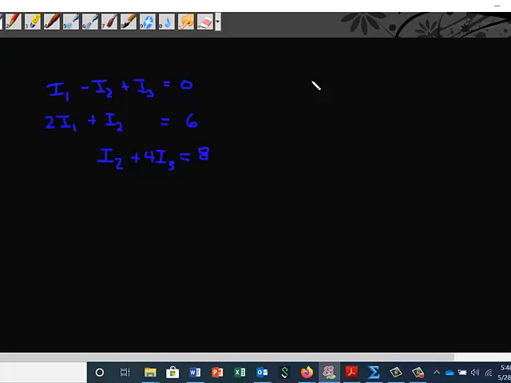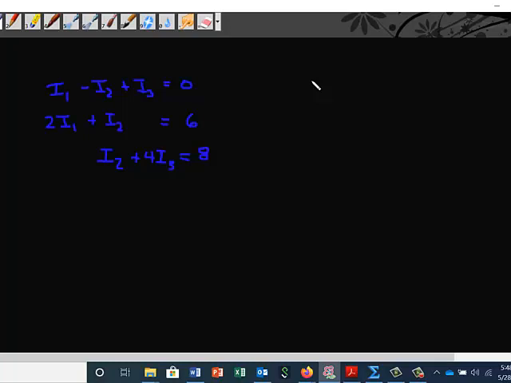Of course, different systems of equations will be set up in different ways with different variables. So in this case, the different currents are acting as the 3 unknowns. And you have 3 equations with 3 unknowns.